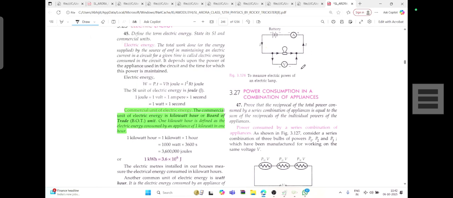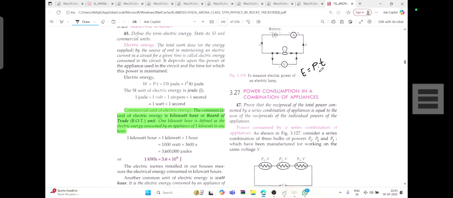What is energy? W is equal to V into Q. So E is equal to, I can write, P into T. P is equal to E by T, because P is equal to W by T, which means E by T. So E is equal to P into T, we know that.